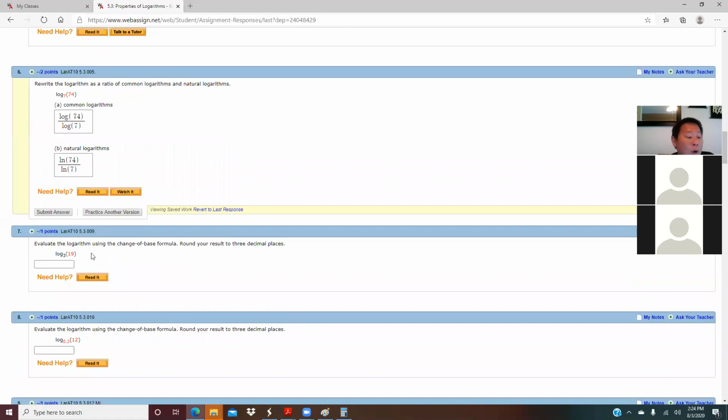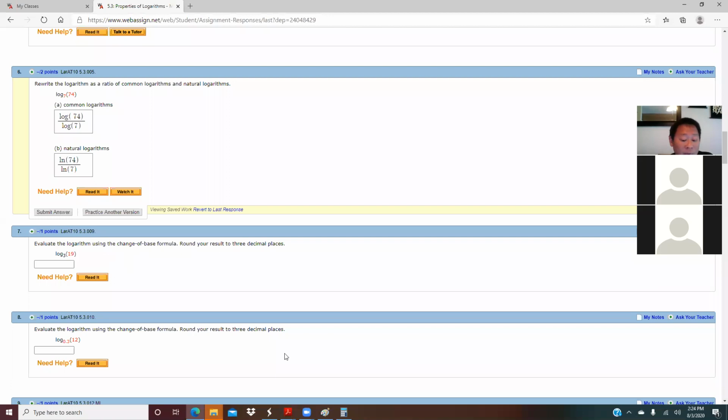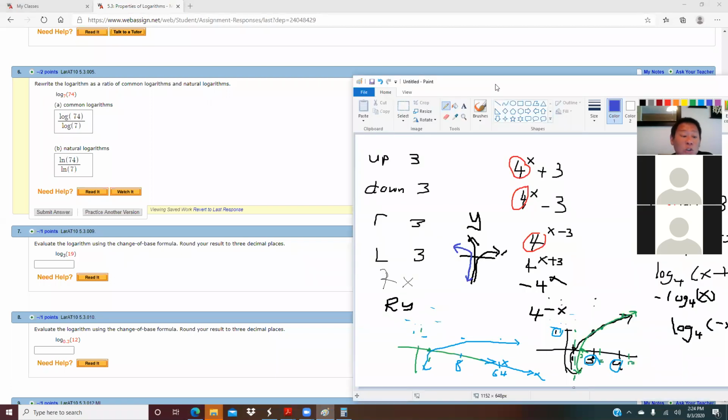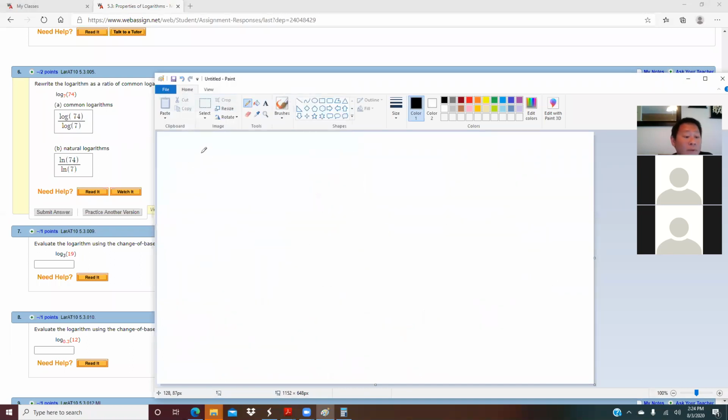Question 7, they want you to evaluate this. In order for you to evaluate this, you just need to change to either base 10 or the natural log. The example we have is log base 3 of 19.